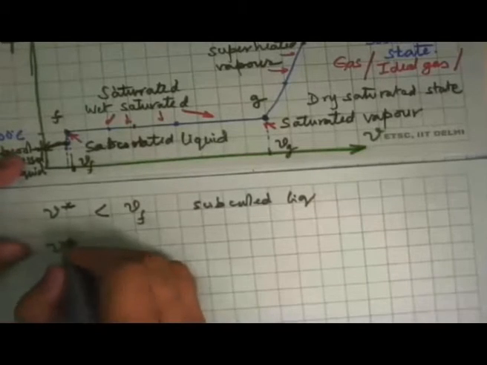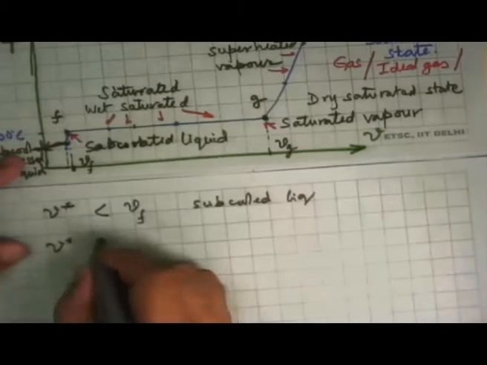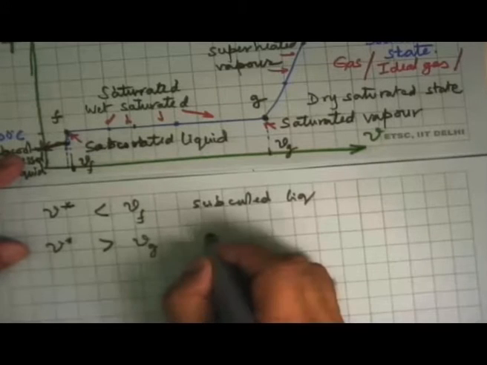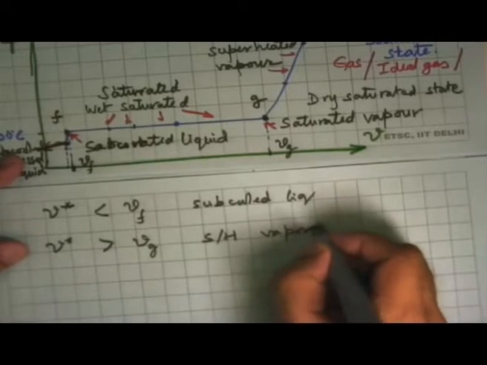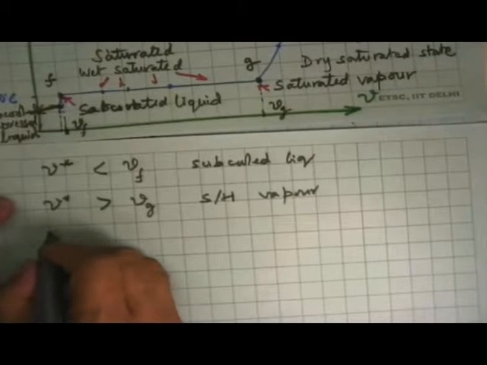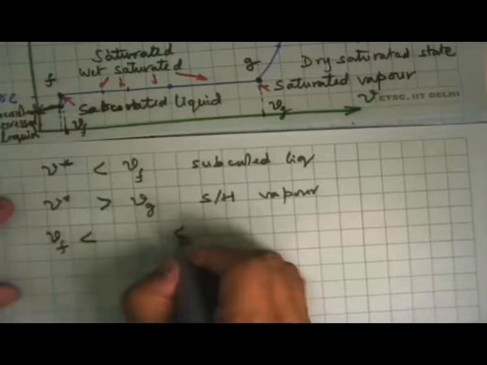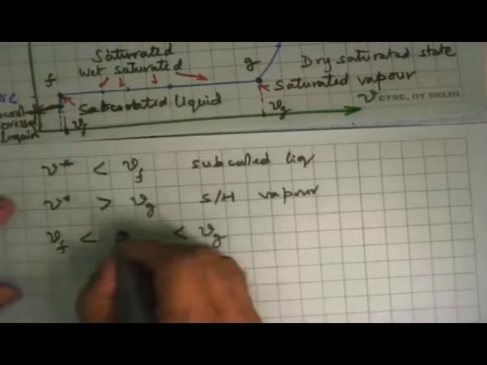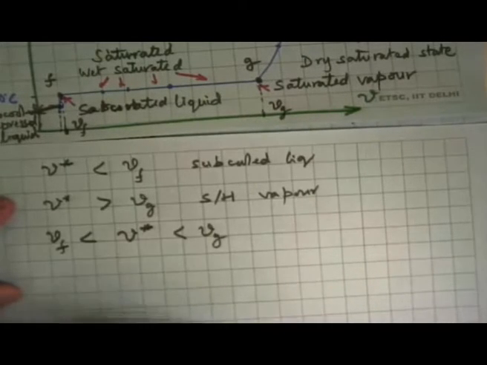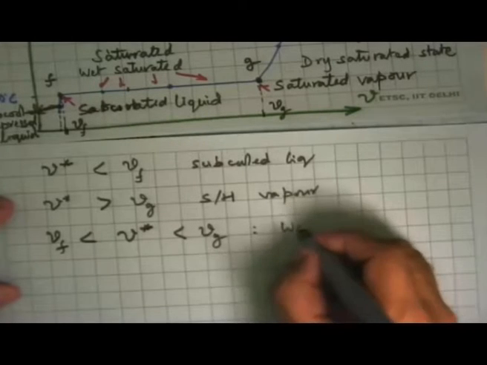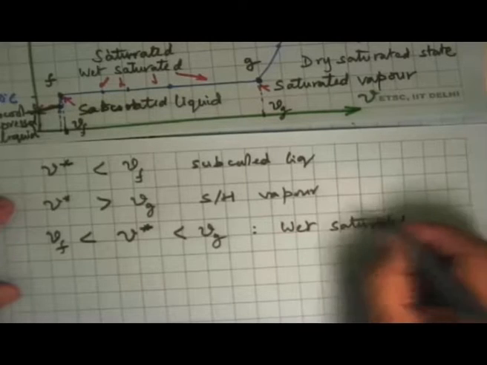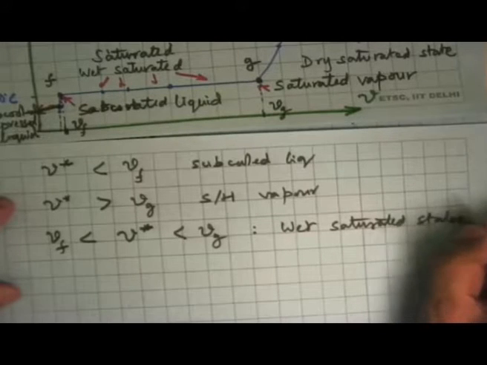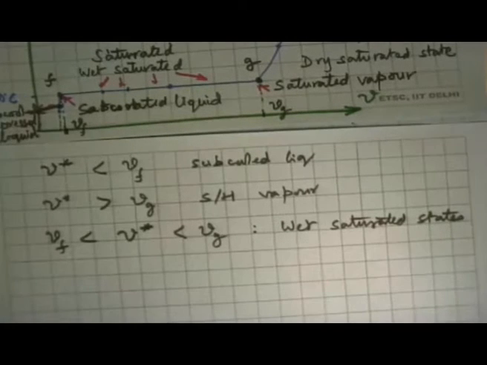If V star is greater than Vg, superheated vapor, and if Vf and Vg are the limits within which V star lies, then these are all wet saturated states. Or simply we can even just say a wet state or a saturated state.